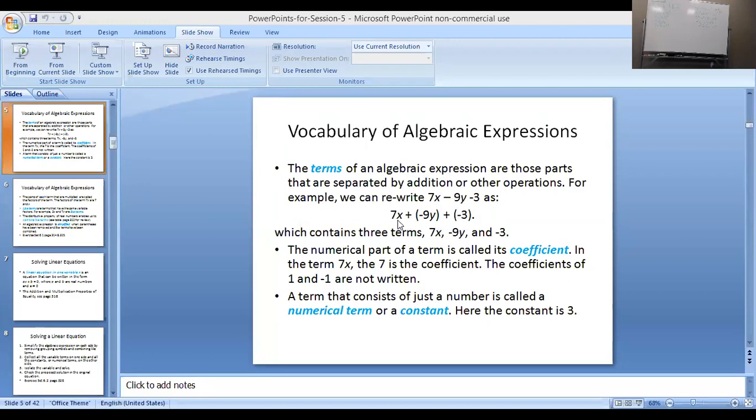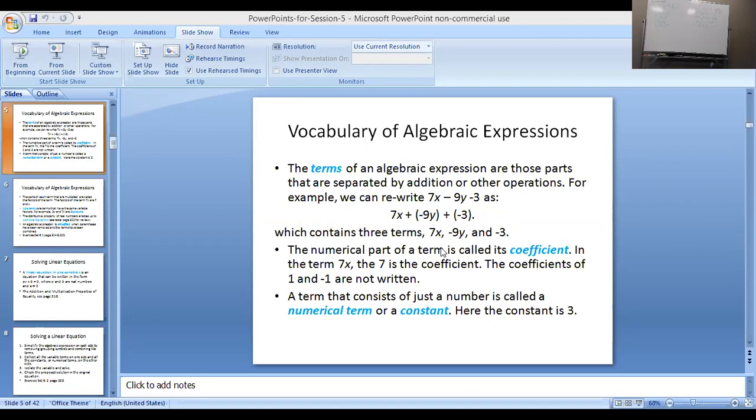These are the terms, 7x, minus 9y, minus 3. These are 3 terms of this algebraic expression. These numbers here, 7, minus 9, are coefficients for the x and y. The minus 3 is a constant.